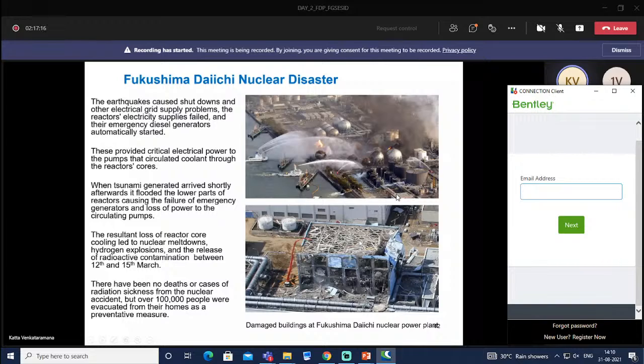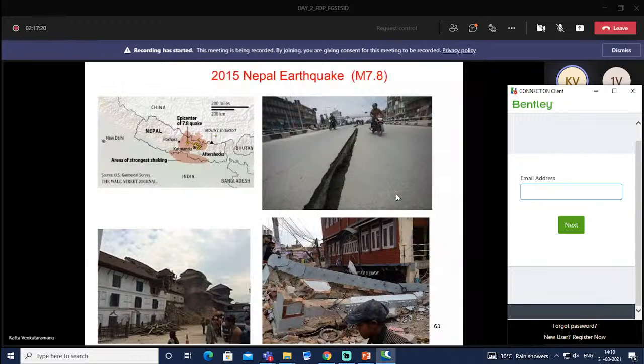They had evacuated more than 1 lakh people. So in the Sendai earthquake, there was damage due to the earthquake, damage due to the tsunami, which occurred due to the earthquake, and also damage due to the nuclear radiation, damage to the nuclear facilities.